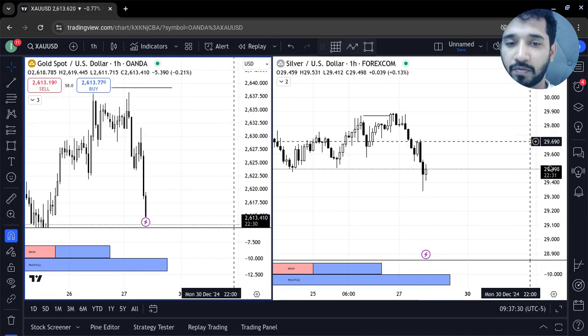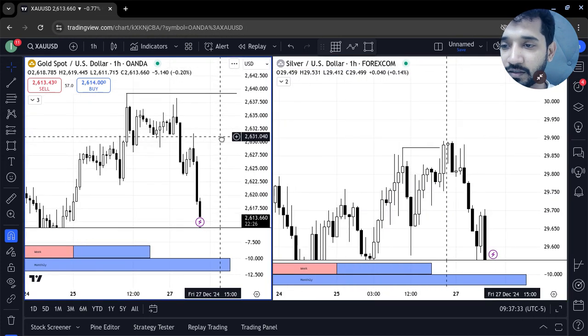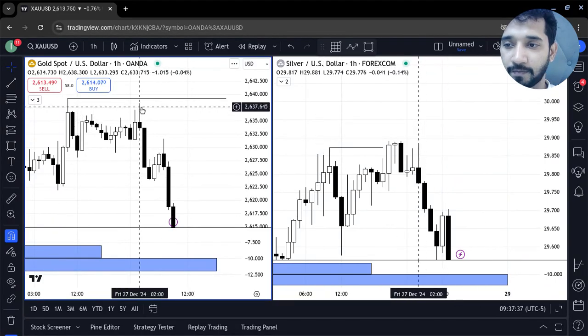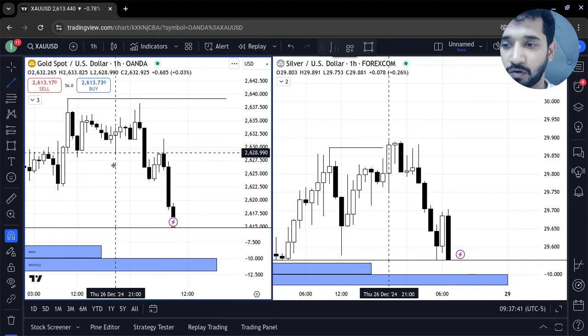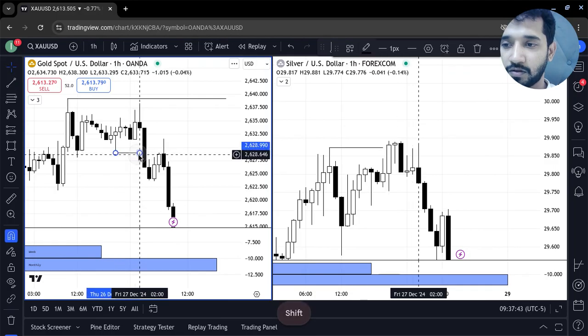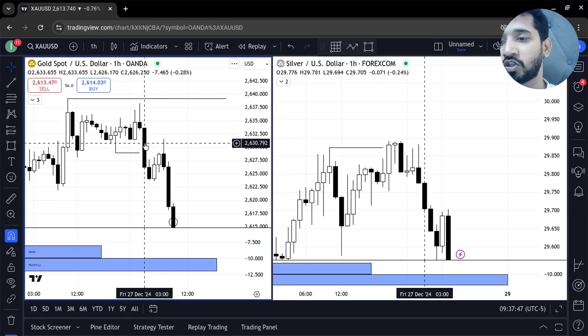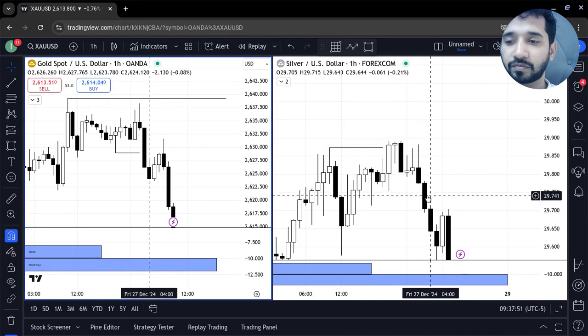We had price deliver lower in both the assets. This was a failure swing right here. Price delivered below on a 1 hour time frame, a change in the state of delivery as well as a market structure shift, and we see the same thing over here.